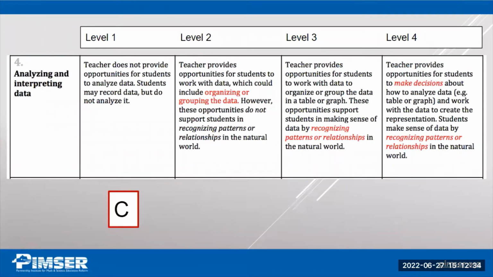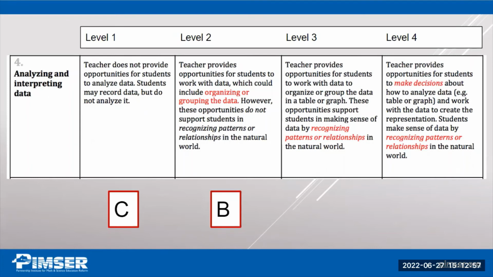They're just filling in blanks on a worksheet. Mrs. Davis has students report the data that they recorded, but then she organizes it in a table on the board, and there's no real discussion of what that data means or how it's going to help them answer their question.